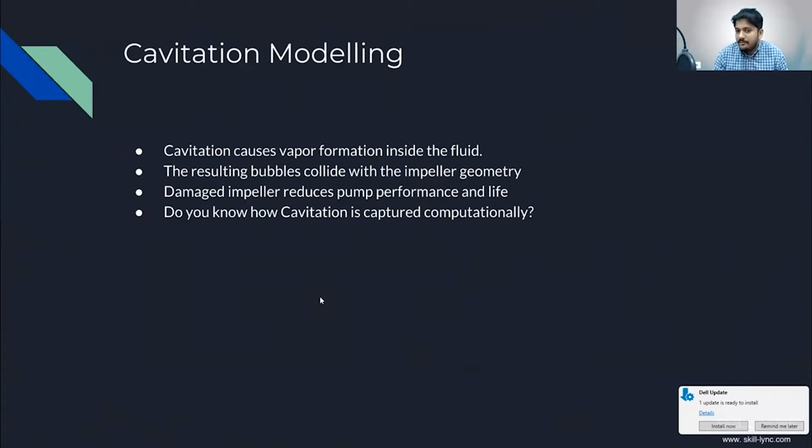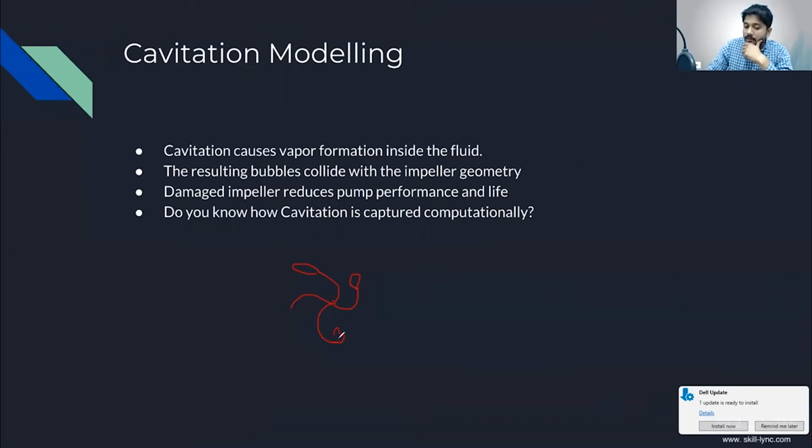Okay, because when you think of cavitation, these are bubble formations, right? When you look at your impeller, so if I draw a very simple impeller, something like this, in general cavitation takes place at the tip of the impeller.